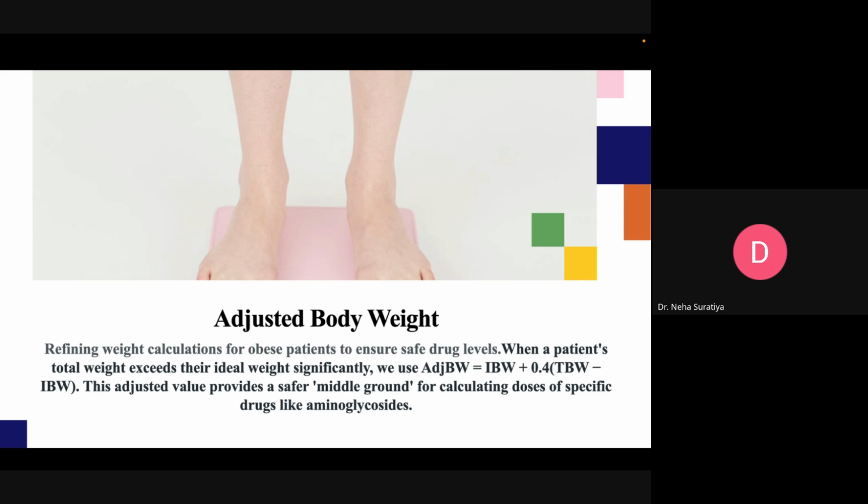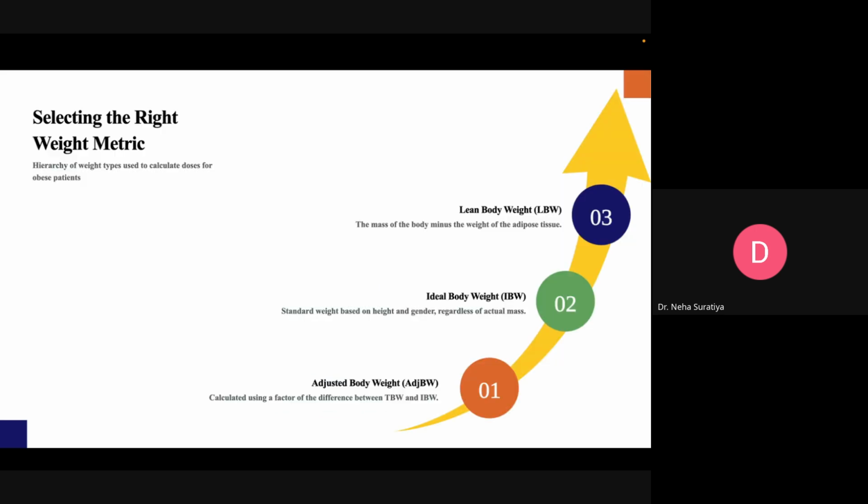And adjusted body weight prevents toxicity without sacrificing the efficacy of the drug. I will let you know by the examples how to calculate, don't worry. But you need to understand that this adjusted value provides a safer middle ground for calculating doses of specific drugs like aminoglycosides.